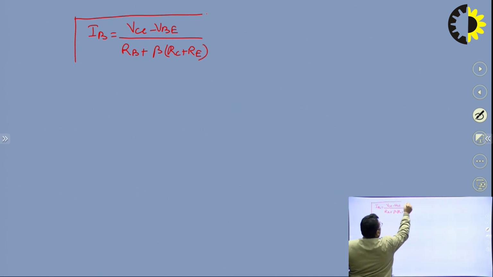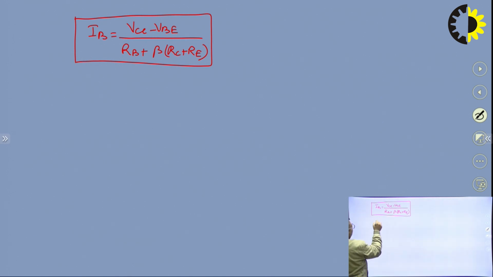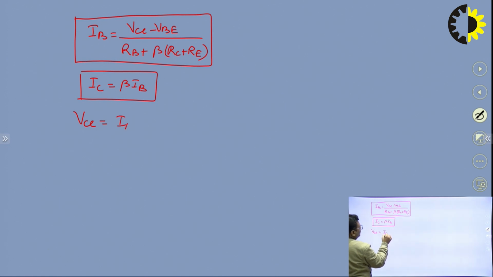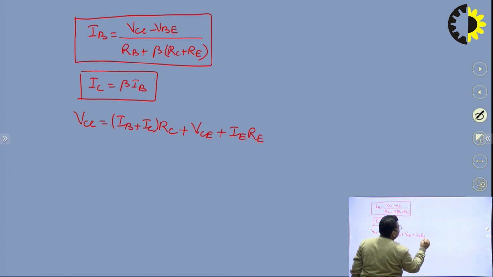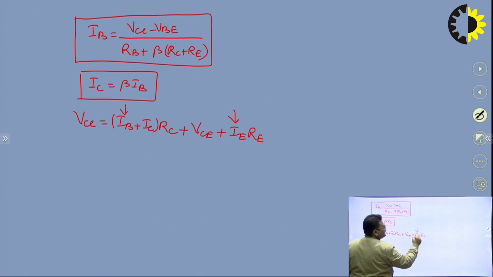Okay, so this will be IB. Now we can calculate IC. IC will be equal to beta times IB, we know, and then we can apply KVL at output side. From output side we will get VCC is equal to (IB plus IC) into RC plus VCE plus IERE. Okay. In this equation we can neglect this IB, and this IE can be written in terms of IC.